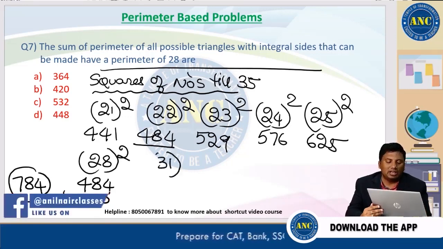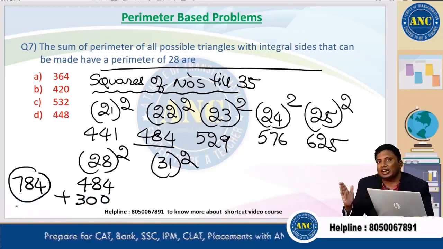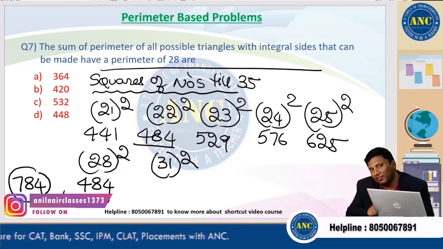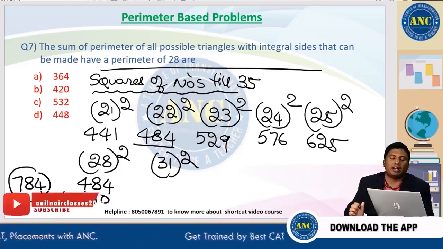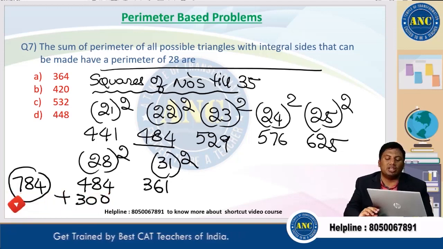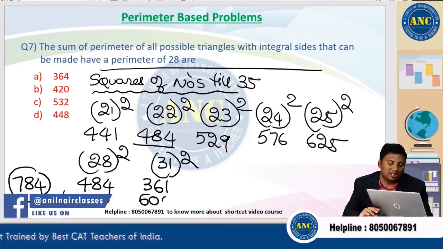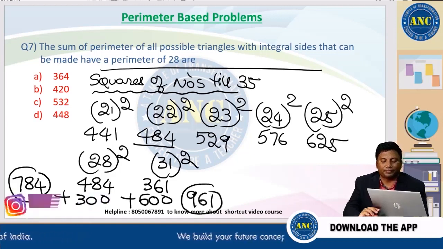If it is 31 square, 31 is 6 units greater than 25. Because 31 is 6 units greater than 25, go 6 units back, which is 19. 19 square is 361. Because it is 6 units, add 600. I will get 961.